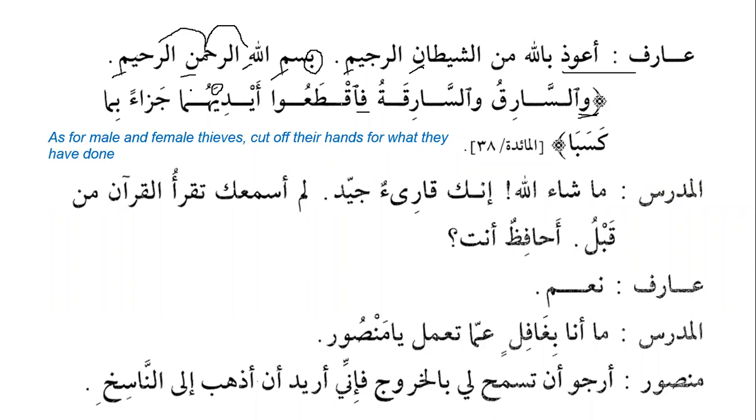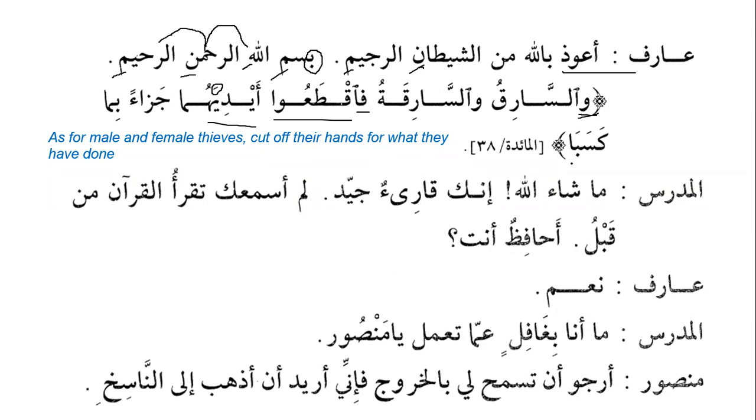Whenever it is marfu or majroor, it will not take fatha, but whenever it is mansub, it will. So whenever you see it in the Quran, that means it is in the place of mansub. Why is it mansub? Because of fi'l al-amr, faqta'u, and after that the noun is always mansub. Huma, referring to as-sariq wa as-sariqa.